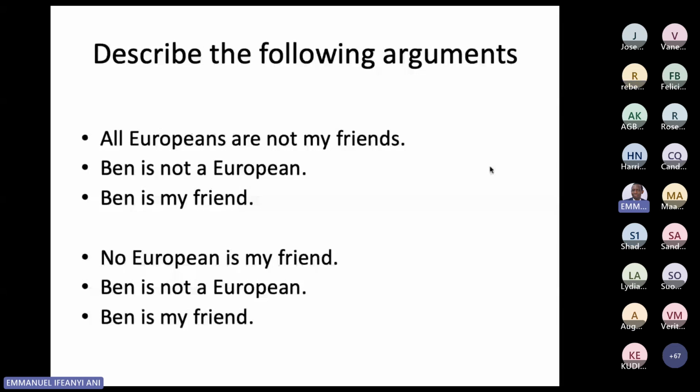So it's an invalid argument. Yeah, but what kind of invalid argument? Fallacy of affirming the consequent. Yeah, so that's when you look at the first version.